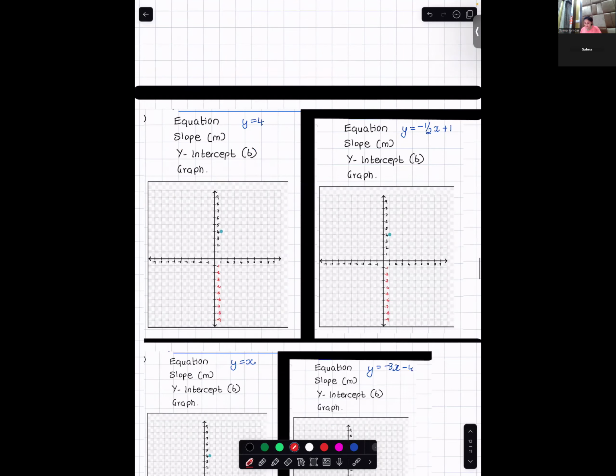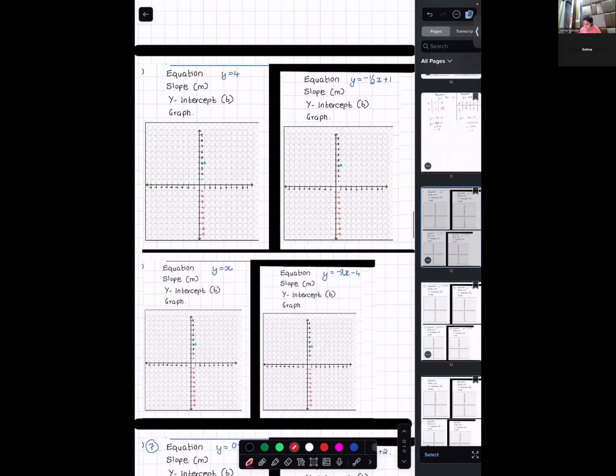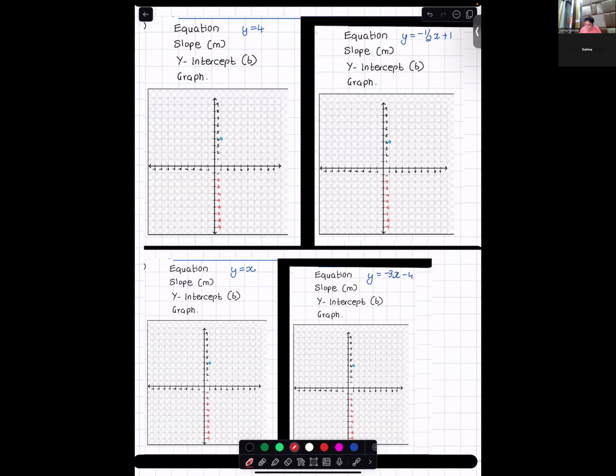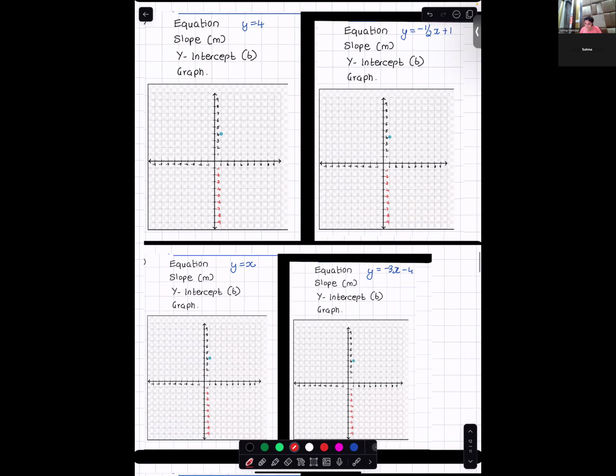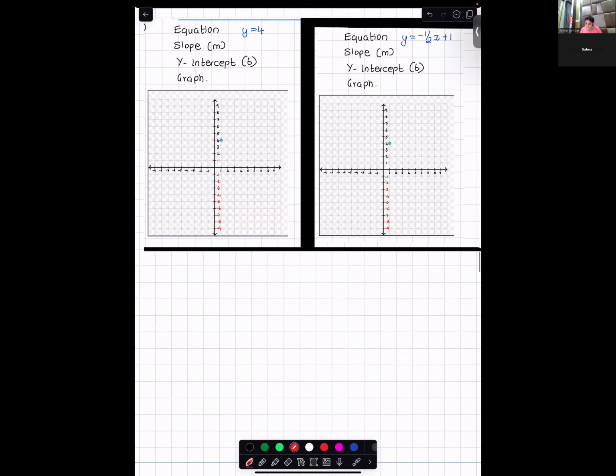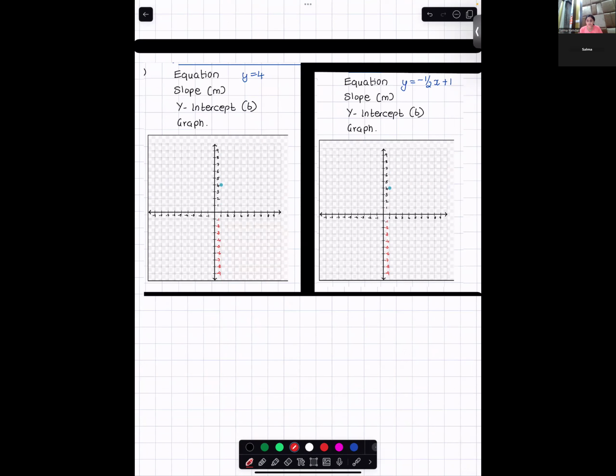Let's do another example. I have to find the equation of the line where y is equal to 4. You know that the equation of a line is y is equal to mx plus c. But here I have been directly given y is equal to 4. That means the slope is 0.